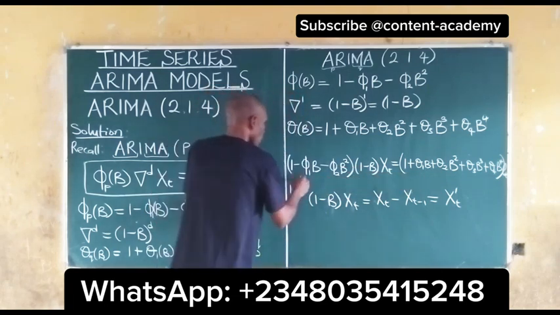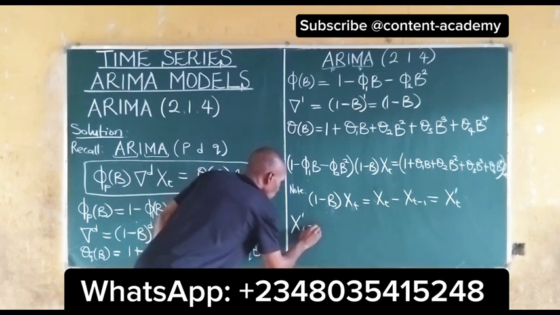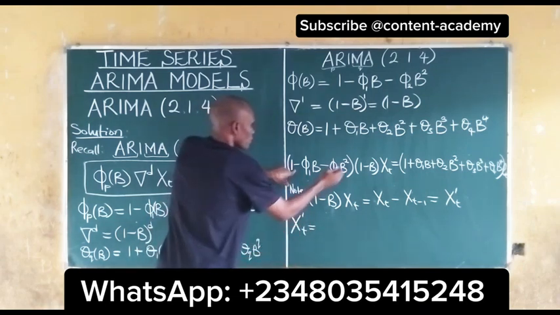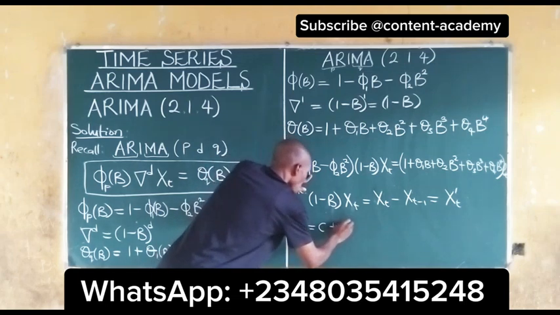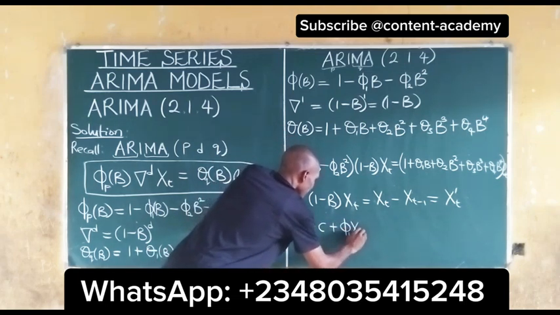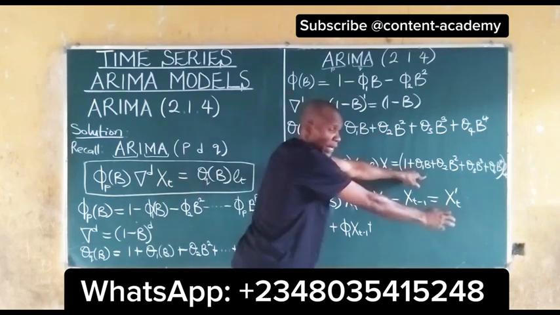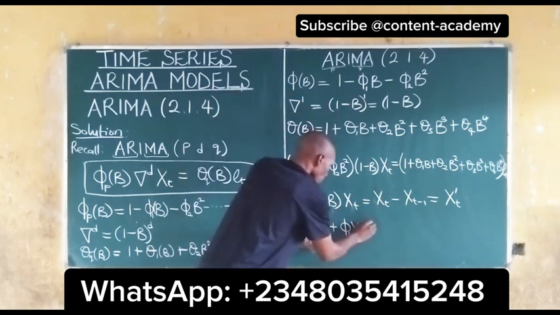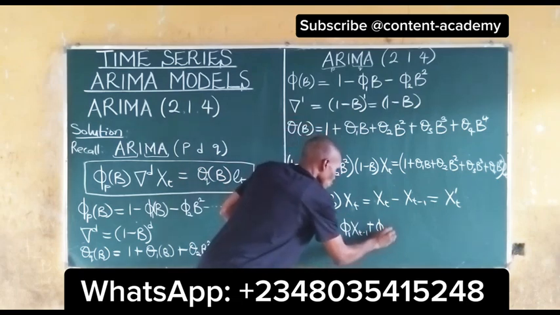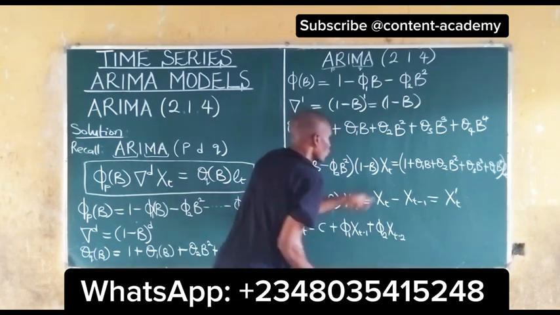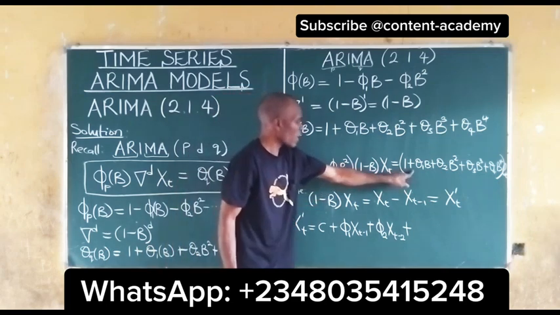How do we do that? We'll say X_t prime is equal to, because if we multiply this and this, we get a constant c, plus, for this we have phi_1 X_{t-1}, and for this we have plus, we are moving this to this part so that it will be very easy to compute, that is why we have positive sign now, phi_2 X_{t-2}. That's done, because we have order 2. We now move over to this side.